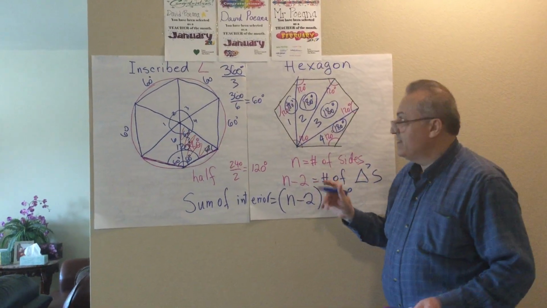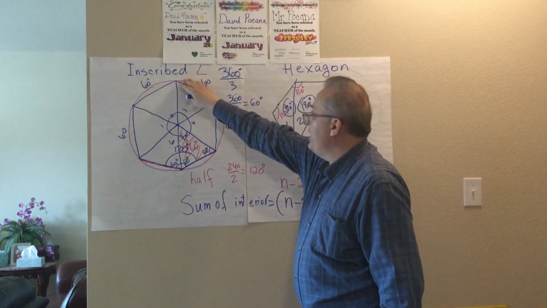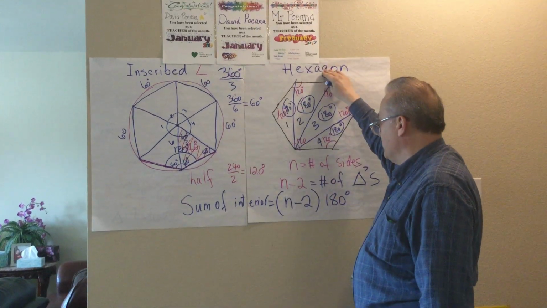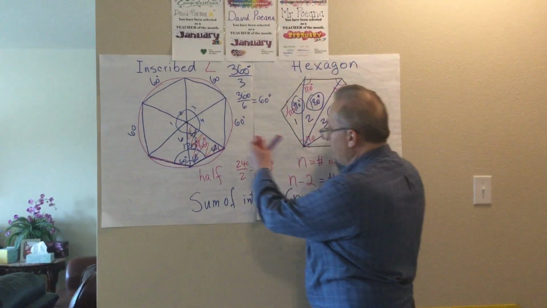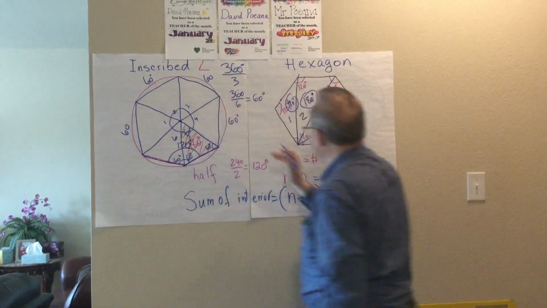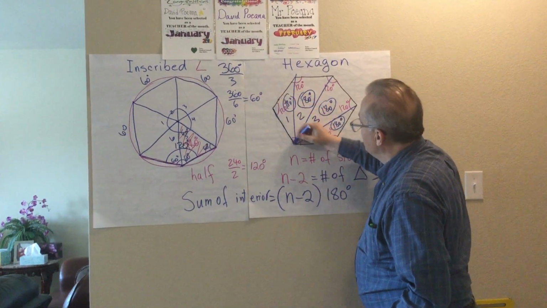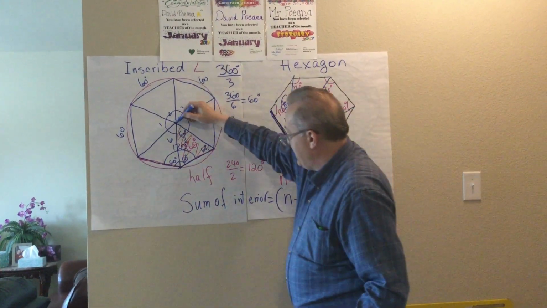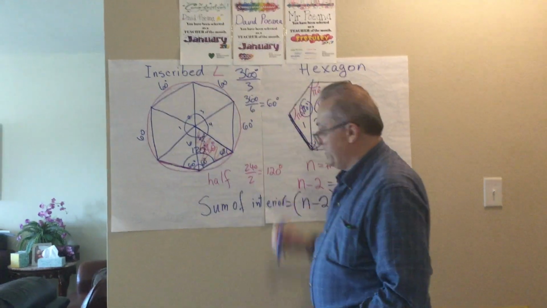Where did I start? I started with inscribed hexagon. I had to move this hexagon inside, and I had to make sure that this side is as big as the radius.